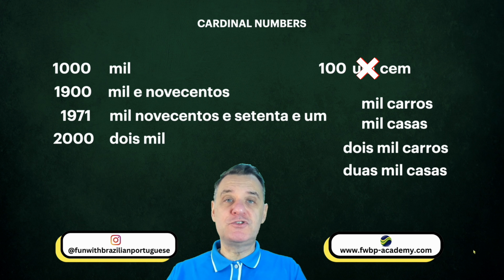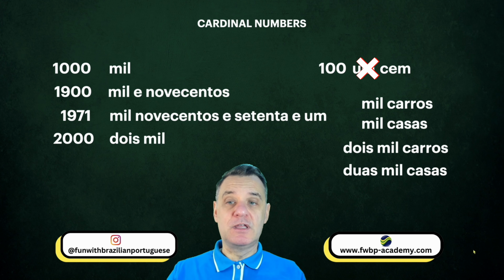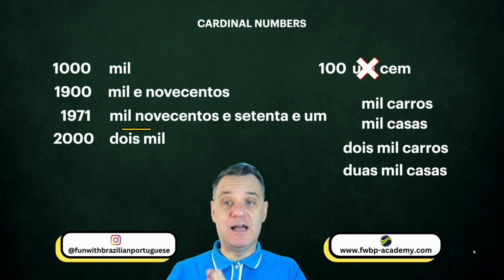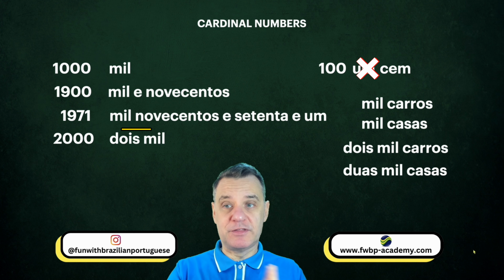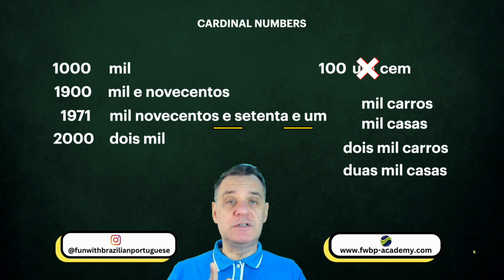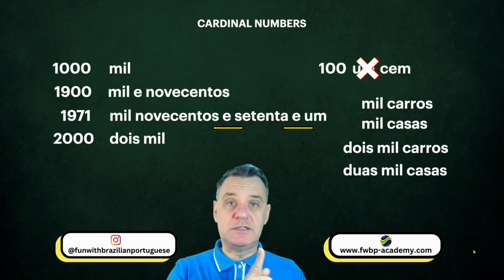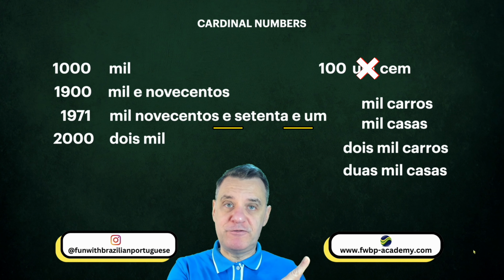But when mil is followed by a 100 and a smaller number, we don't add the E after mil. So 1971, mil novecentos e setenta e um. That E would only be added after the 100 and before the smaller number that follows.